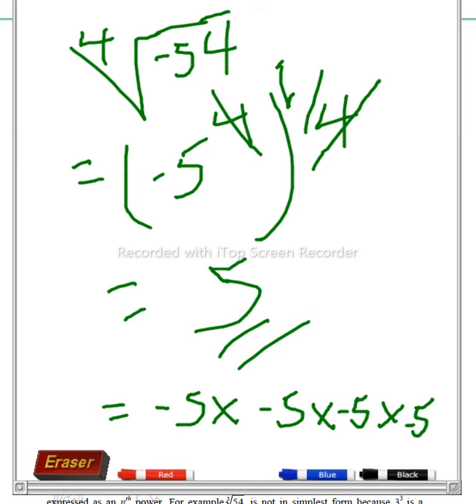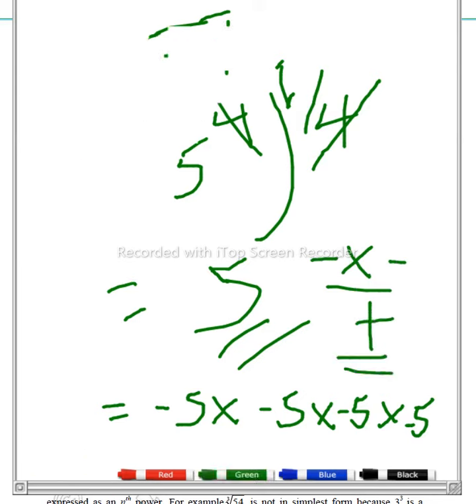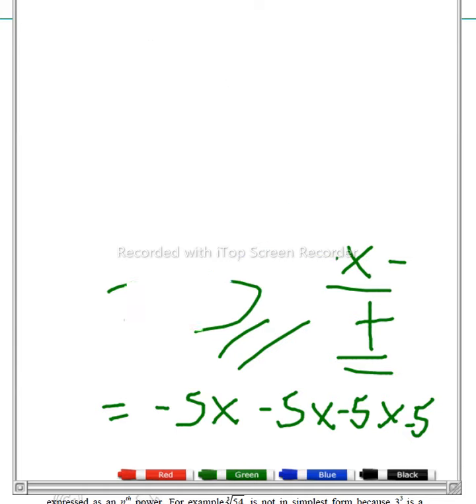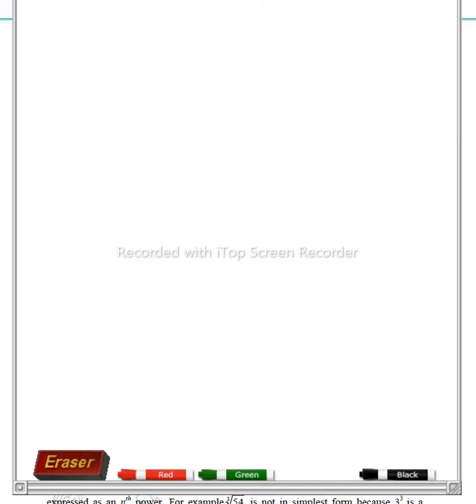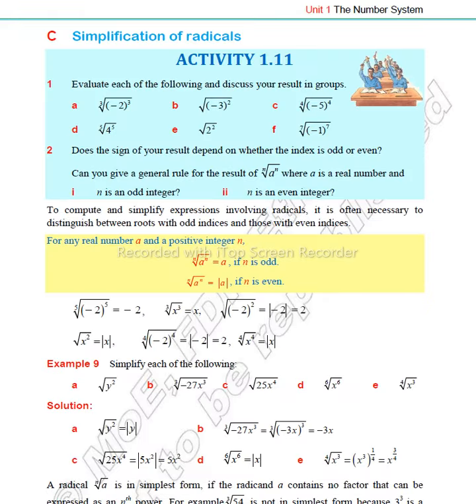And again, negative 5 times negative 5, positive 25, because negative times negative is positive. So when the power of any number is even, the output of that number will be positive. If it is odd, the number may be negative or positive.